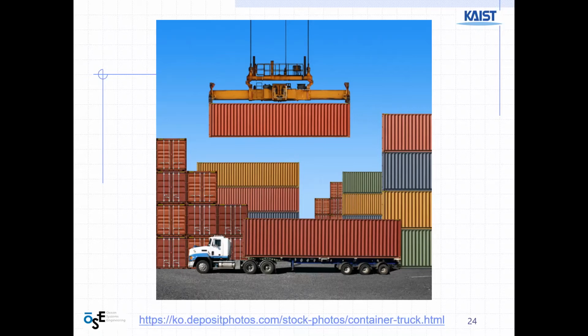So you can say this 40-foot container can be counted as 2 TEU, right? So that is the way of counting or measuring the size of a container ship. TEU is an important terminology you need to memorize.